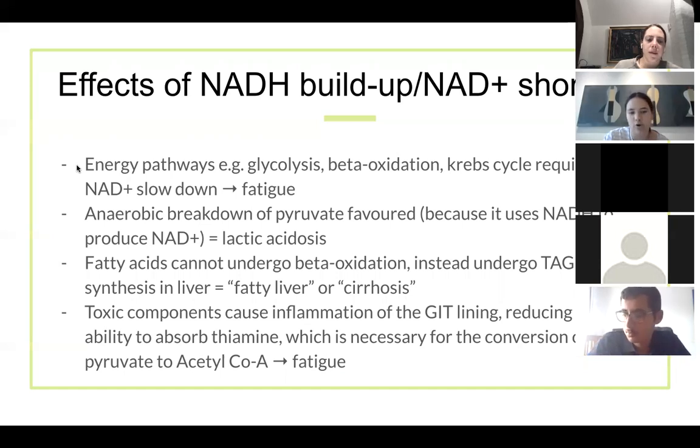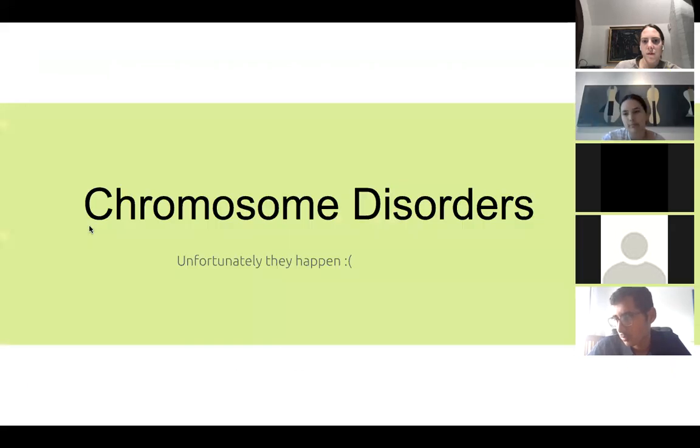Also, the toxic components cause inflammation of the GIT lining, which reduces the ability to absorb thiamine, which is needed to convert pyruvate to acetyl-CoA. So again, that leads to even more fatigue. But yeah, that's about it.